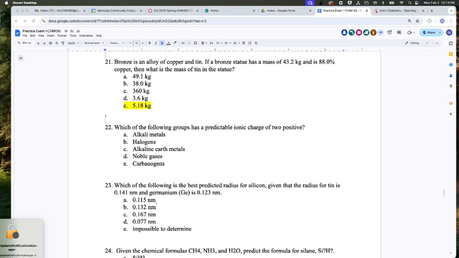What do I want? Kilograms of tin. Now looking at my given information, do I see anything about the kilograms of tin? As in, do you see the letters K, G, S, N? Yes. Where do you see them? Right here. So I'm going to take this given information and put it on the left side of my equality.